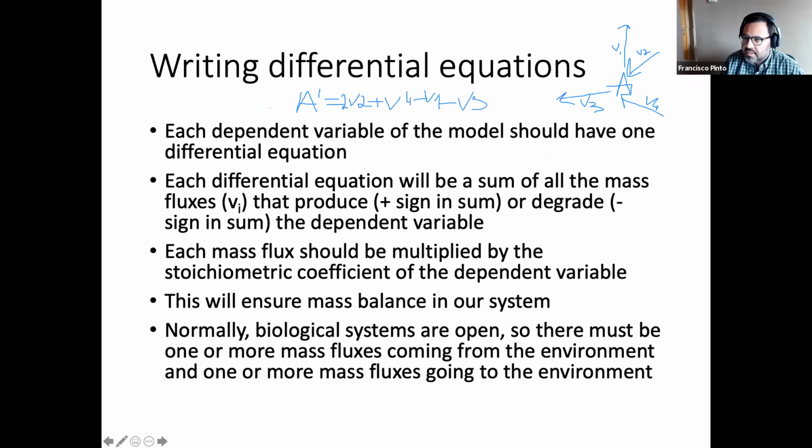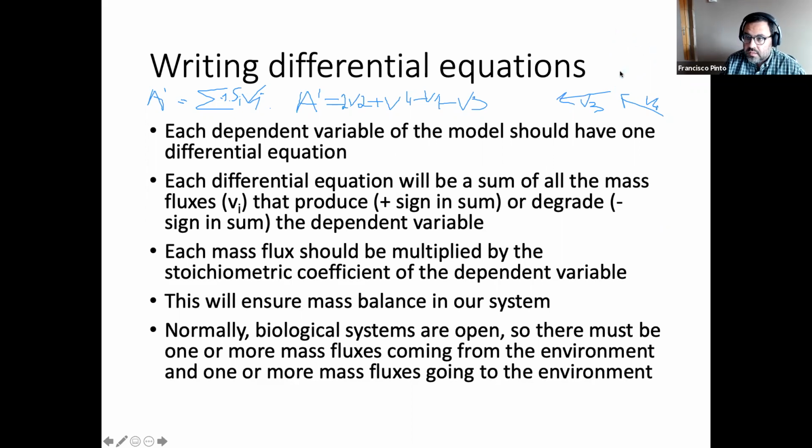You can be more organized, and in fact, you can say that every differential equation is a sum of all the fluxes, each V_i multiplied by a stoichiometric coefficient of that process for that component, and by another factor that is either a 1 or a -1, according to whether it is a flux that is producing A or degrading A. So you can write this in a general way.